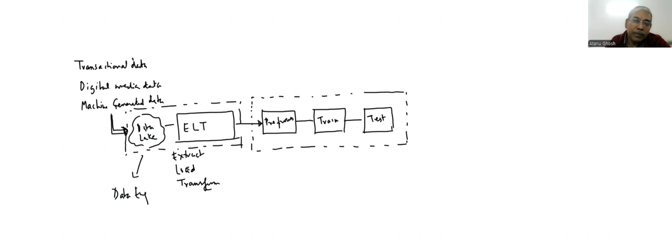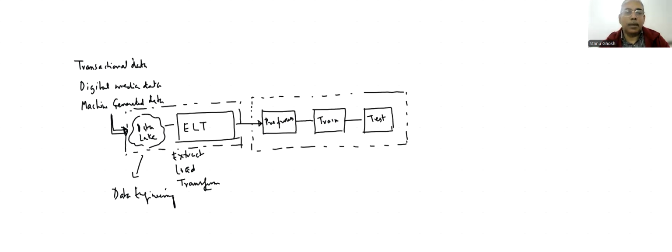Where do we do this activity? Now, till very recently, these activities were done on on-prem servers and with specific environments on the server. While many companies still prefer to do it on a server that is on-prem, this has certain problems.